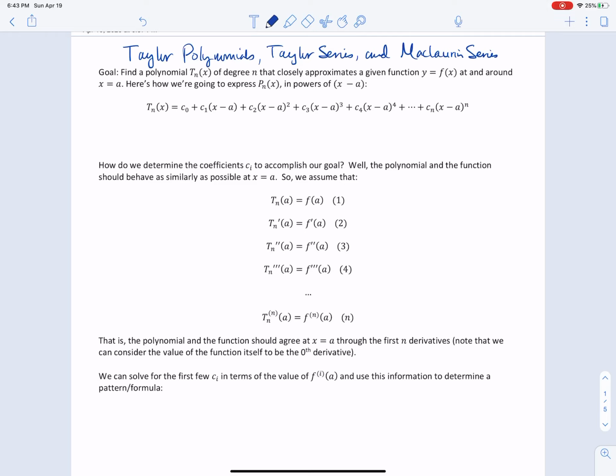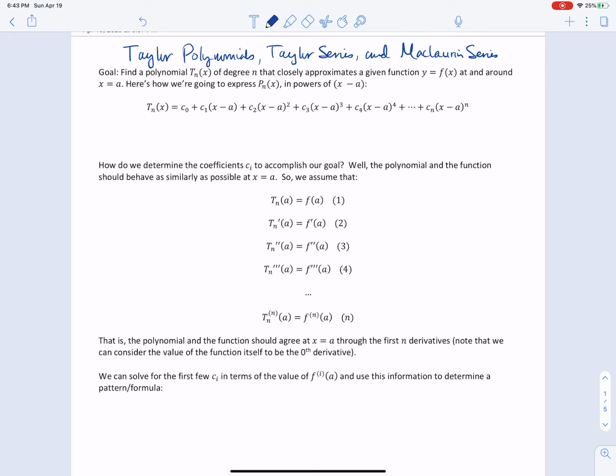So we're going to start by thinking about writing a polynomial in terms of powers of x minus a. You can see here in this first sentence, and we'll see the payoff for doing that in just a few minutes.